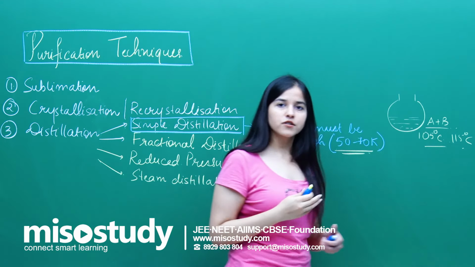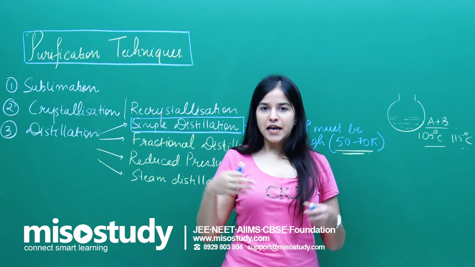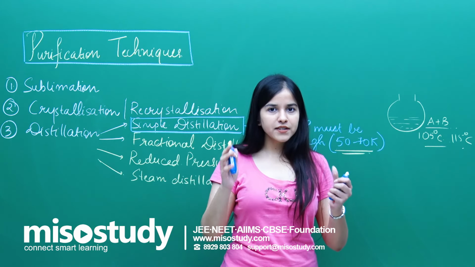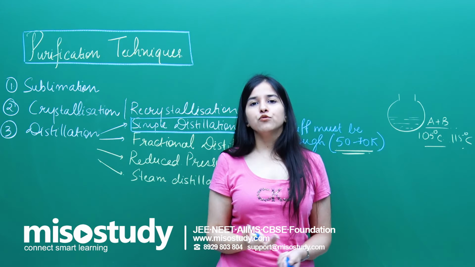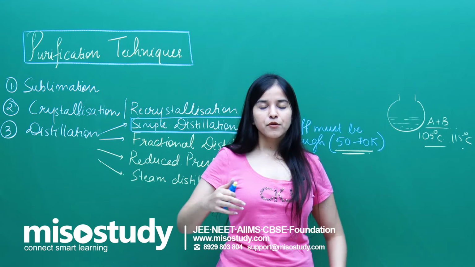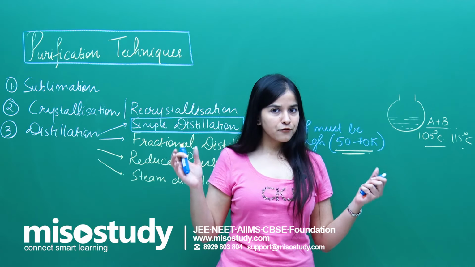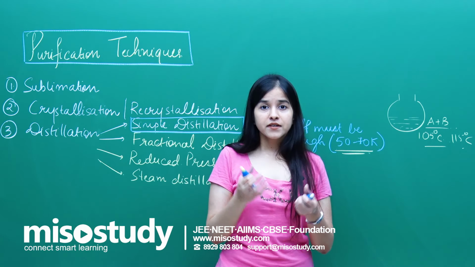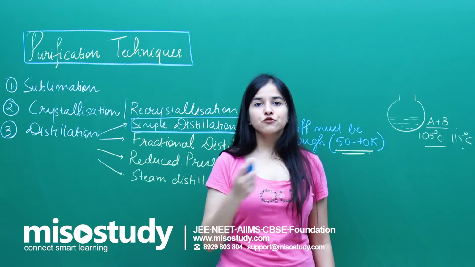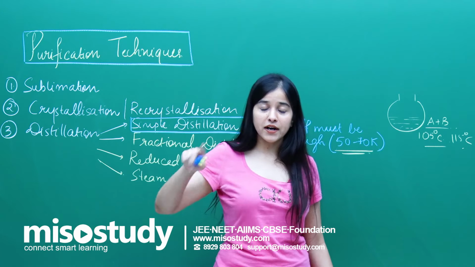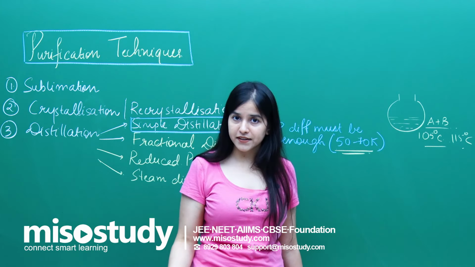So what is the possibility over here? If we try to boil off the compounds, they might boil off together, and there will be no use of this technique, because it won't be separated. We'll be getting vapors which are a mixture of the two again. So again we are back to square one, and we need to separate it via some other technique.